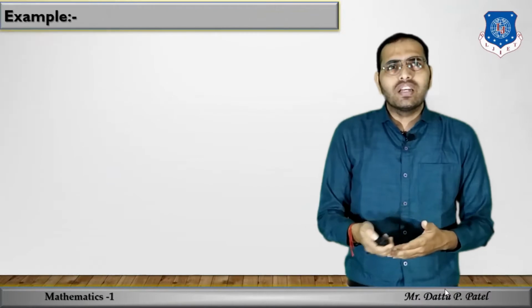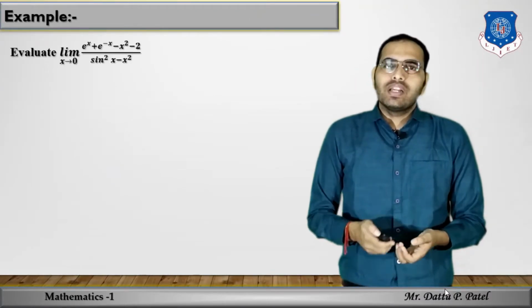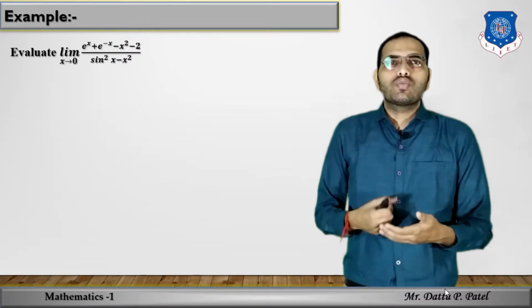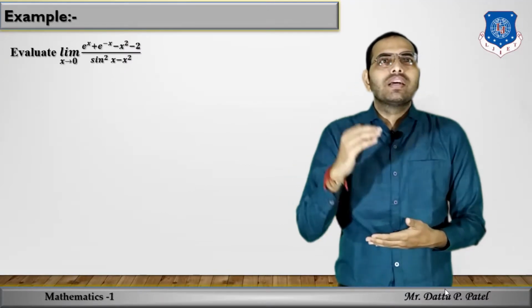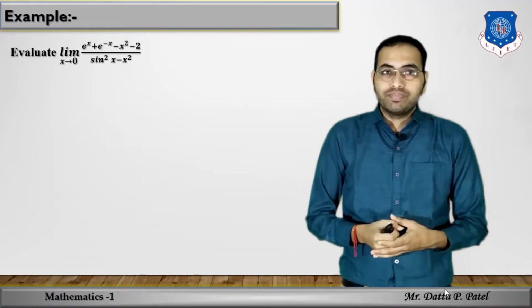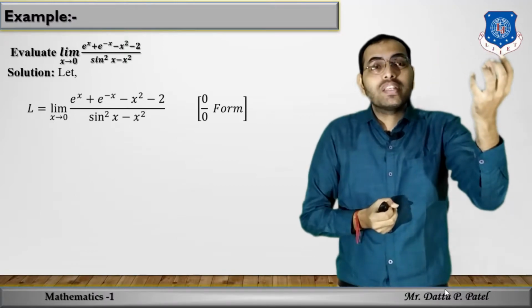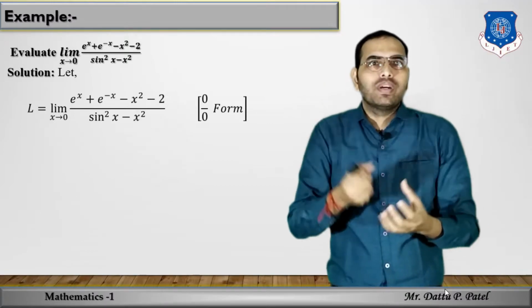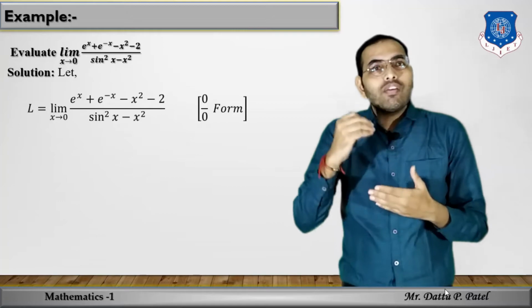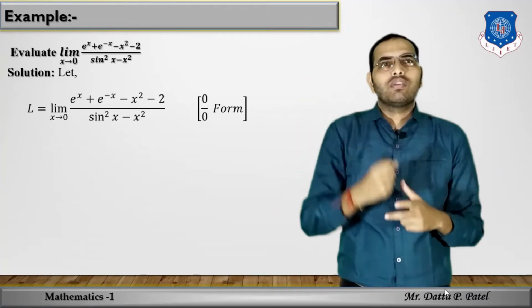Now let's see examples based on the 0 by 0 form. Limit x tends to 0, (e raised to x plus e raised to minus x, square minus 2) upon (sin square x minus x square). Here firstly we have to check which form the given limit is. Then we apply limit x tends to 0 in the numerator portion and denominator portion.